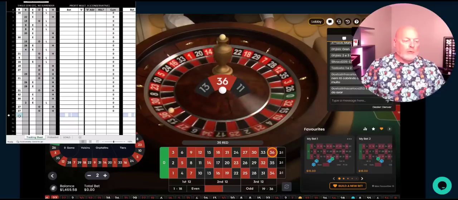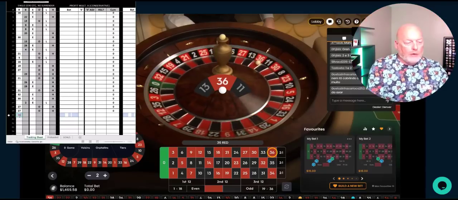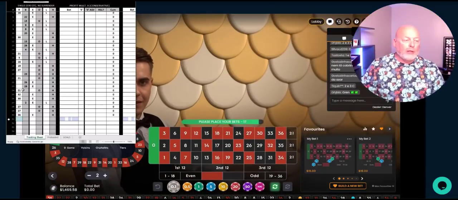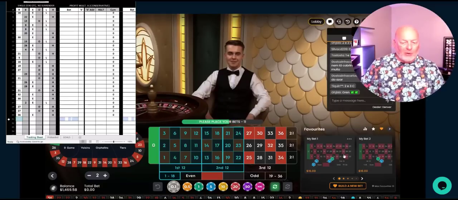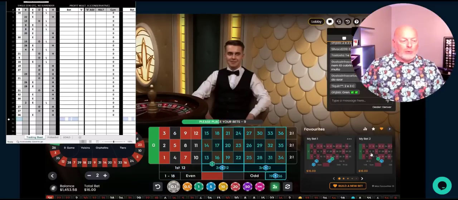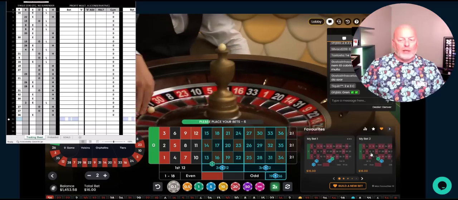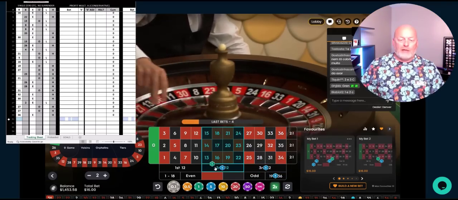And there was 36. So if you were just playing the low side here, you've really been swimming against the current. I mean, look how many might have hit in the middle, but that's really all you were seeing was one hitting in the middle. So here we've got the 5, 5, 5, and the 1.